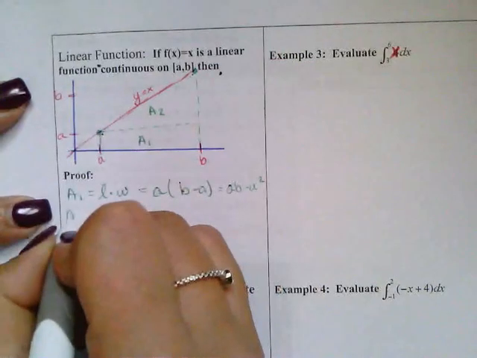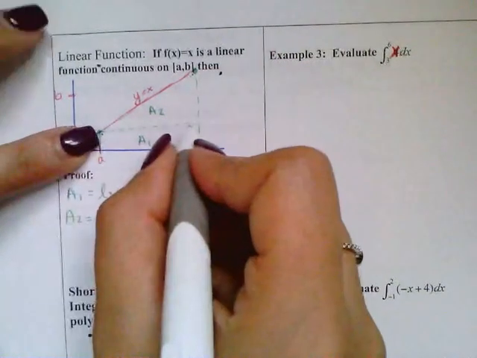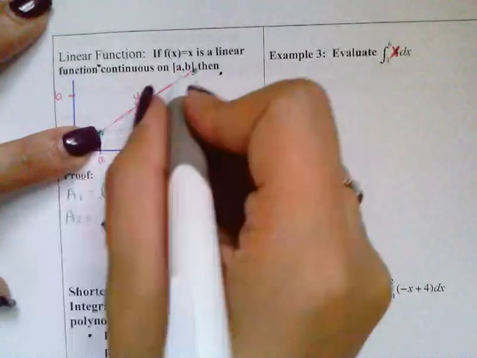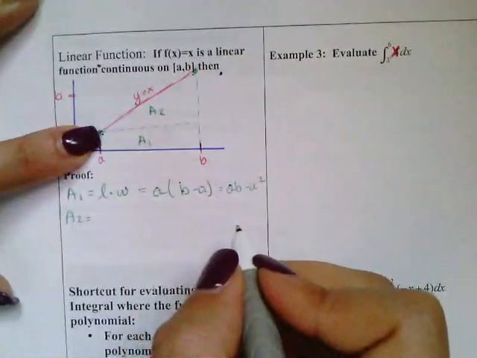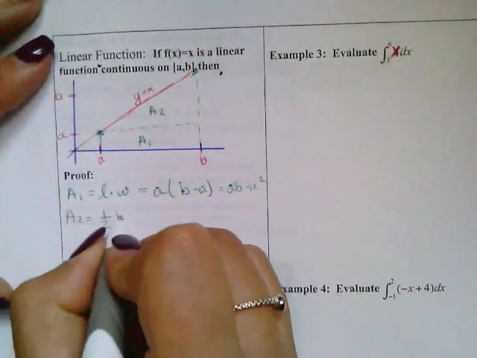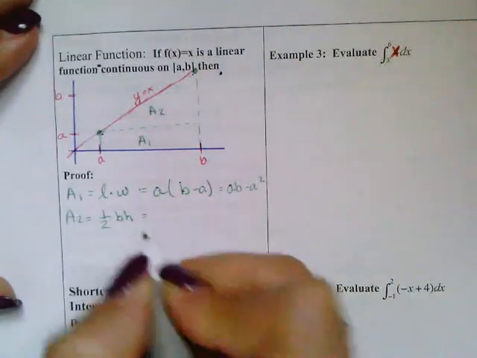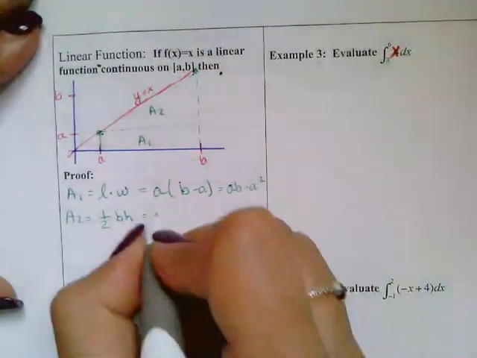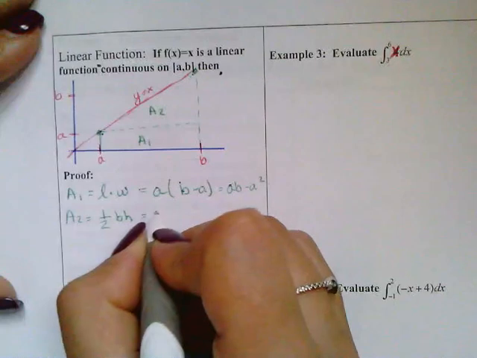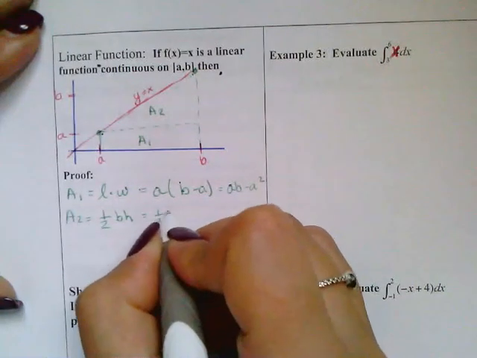Now, for A2, for this part right here, for my triangle, it's going to be half of the base times the height, right? And basically what this is saying is it's half.